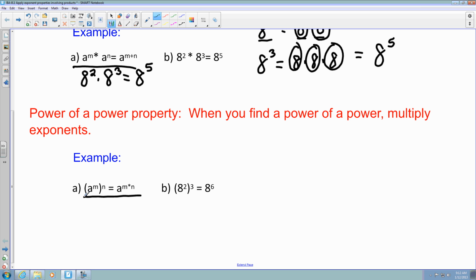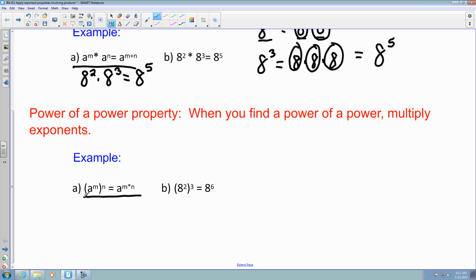Looking at this here, we have a to the second power, all to the third power. Let's look at this more in depth.